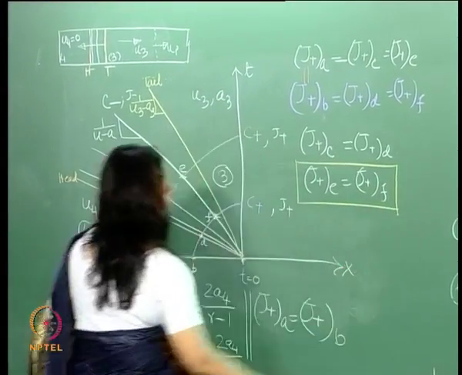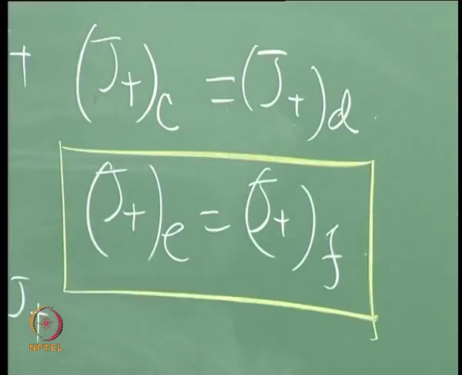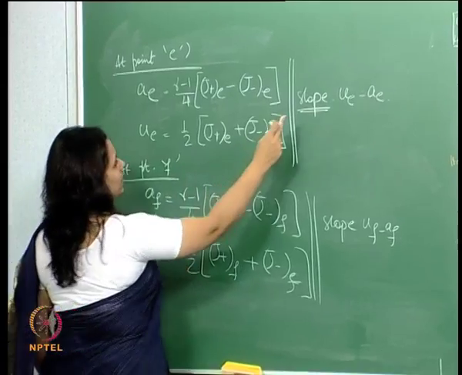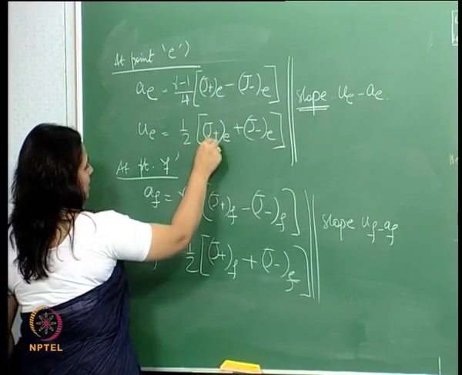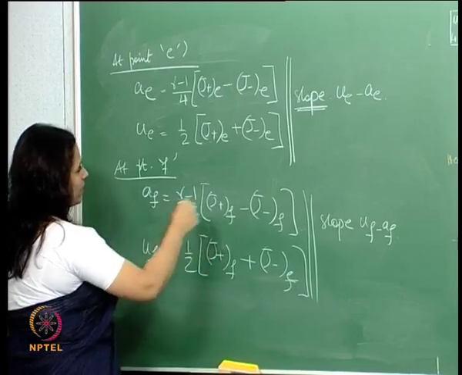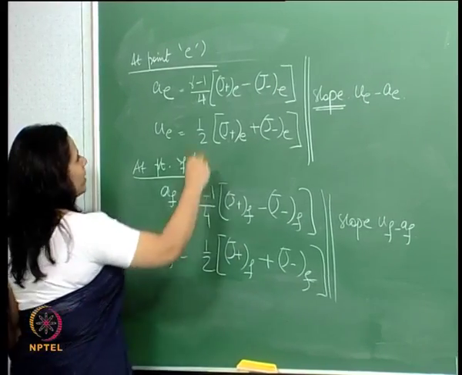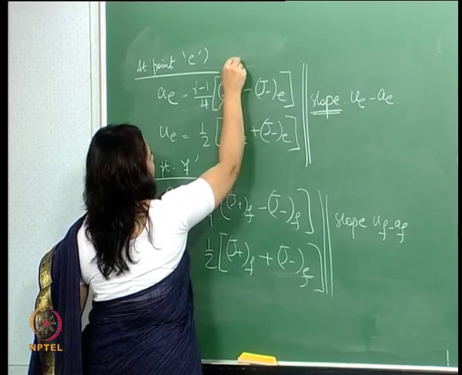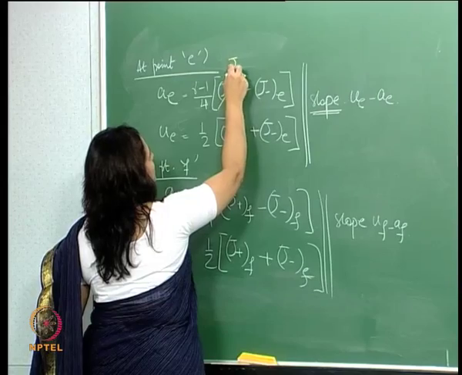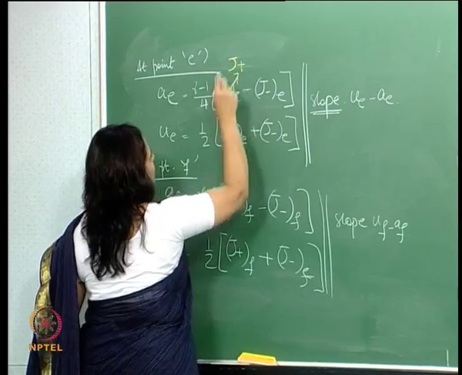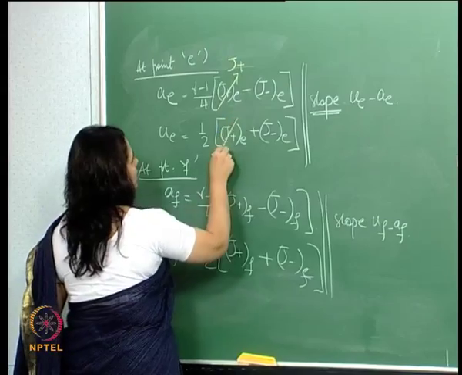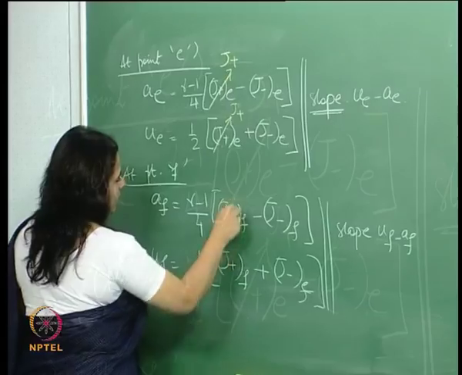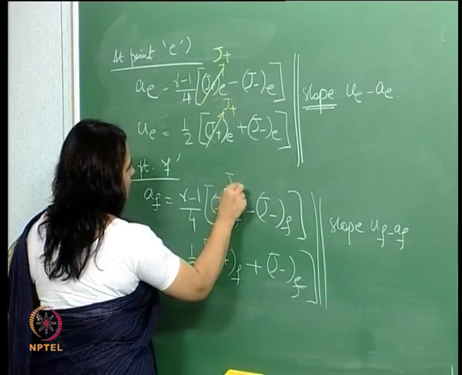Now, what we have seen so far, if we go back, is that J plus E is equal to J plus F. So let us just write this as J plus, and this as J plus, and this as J plus.